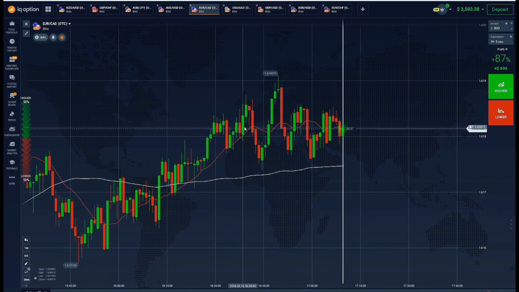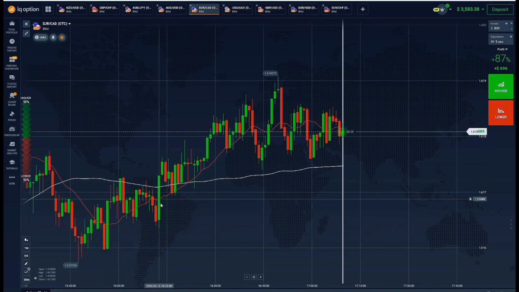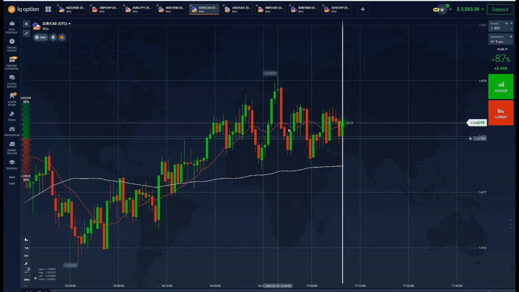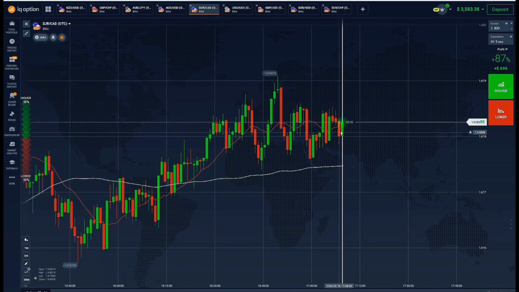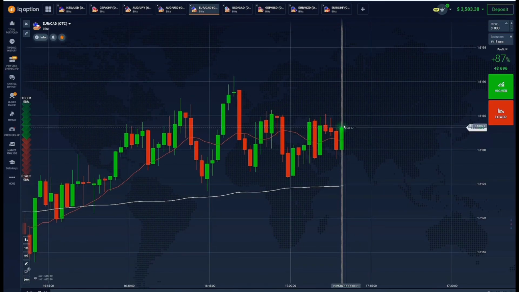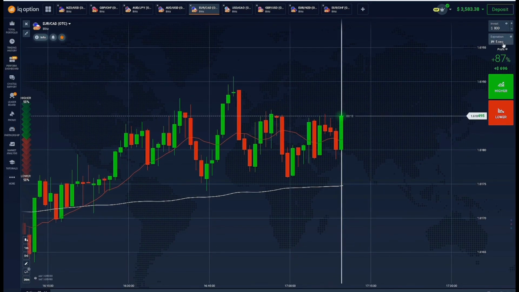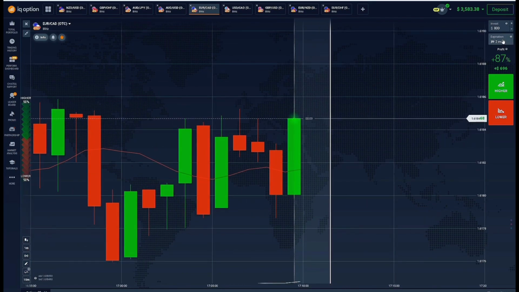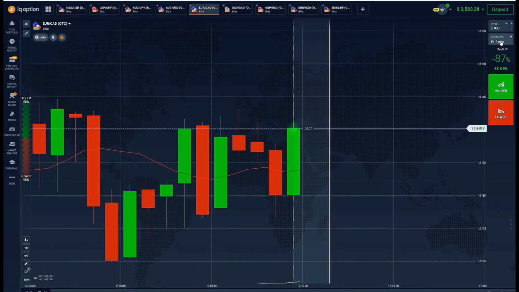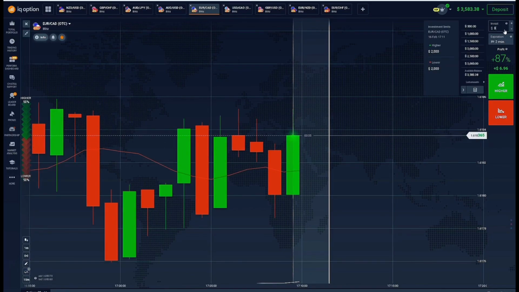So in this market currently, we have a ranging market, but it's ranging upwards. And if you notice, you'll see that the red is currently above the white. Alright, so if we get a good bullish engulfing pattern somewhere here, we're going to be looking at entering for a buy. So always remember to set your expiration to 2 minutes and also tailor your risk.